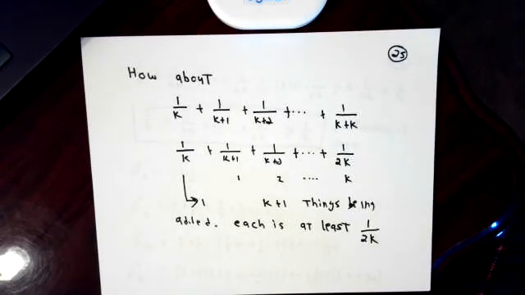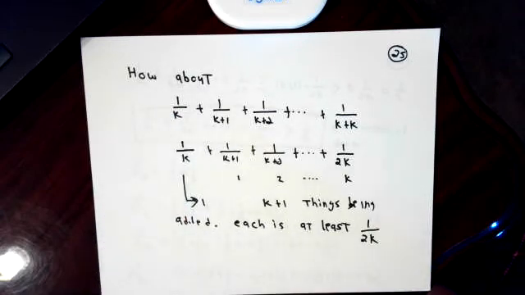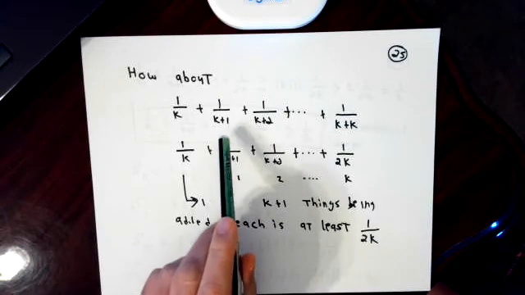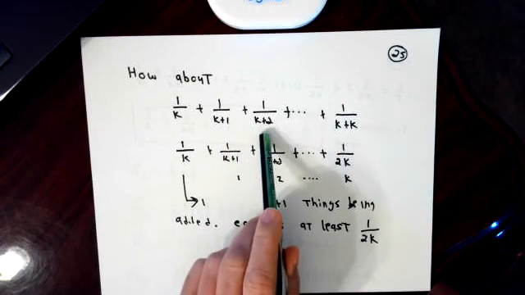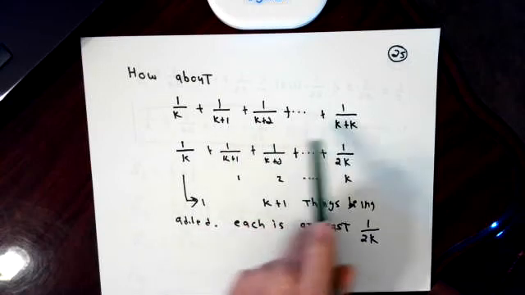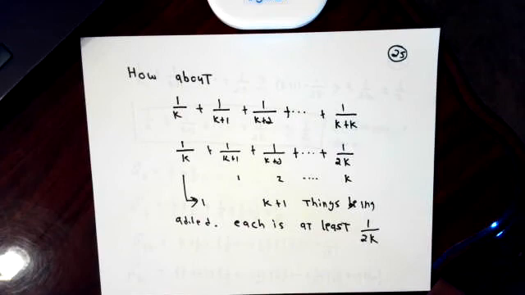I want to think about taking a segment out of the bunch of numbers that we're adding up. I'm going to start at 1 over k, where k is some positive integer. I'm going to add the next term, 1 over k plus 1, the next one, 1 over k plus 2, and I'm going to go all the way out until I'm adding 1 over k plus k.